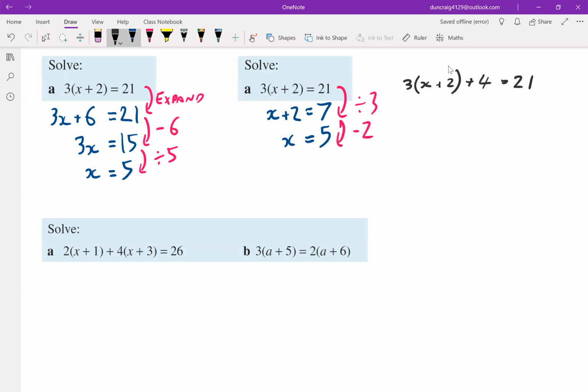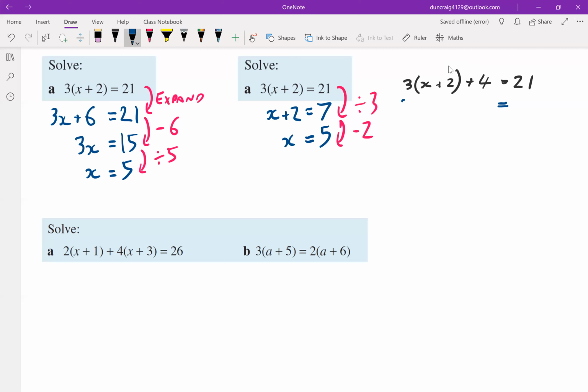So it's the exact same question, except I've got a plus 4 there. If you were to just divide by 3 first up, you'd also have to divide that 4 by 3, which would make it a little bit tricky. So if you've got brackets and a loose term, I would expand the brackets first, like we did in the first one.